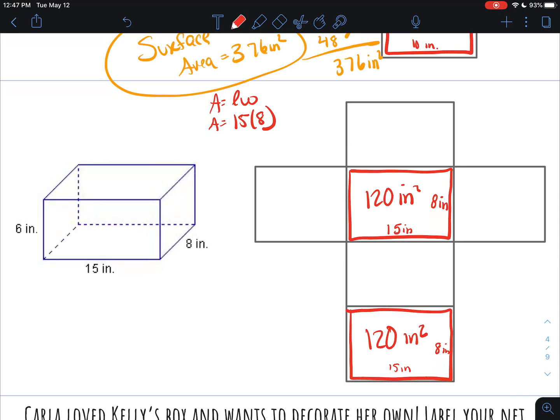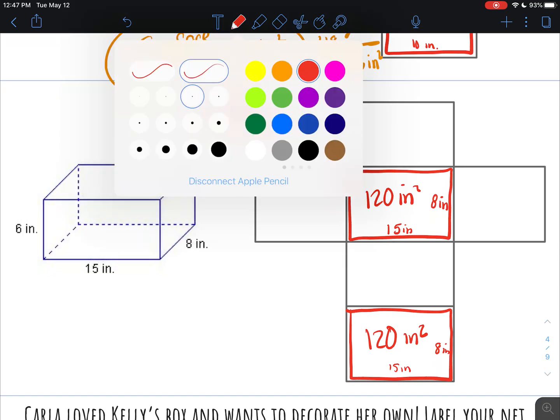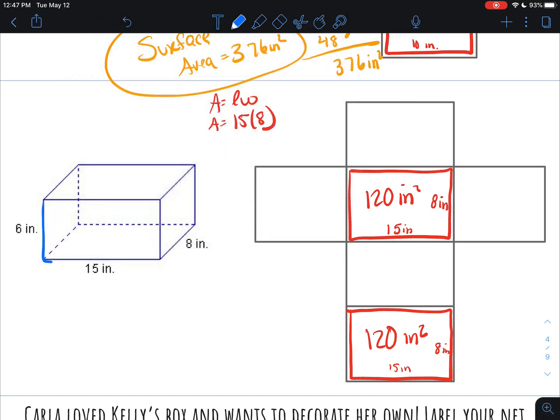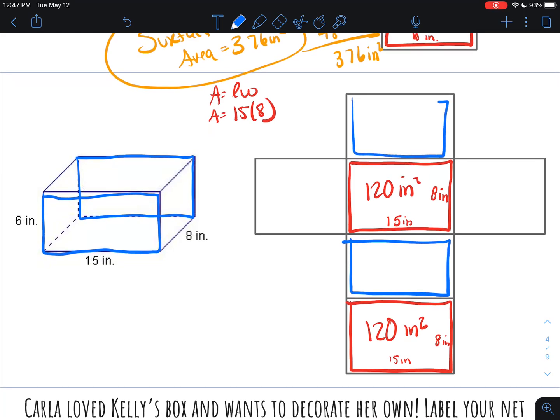Okay. So now let's erase that. Let's think about the front, which was blue. If I look at the front and the back, these two sides right here, I know they're identical. That's going to be these two right here. So the front length is 15 and the width is 6 inches.